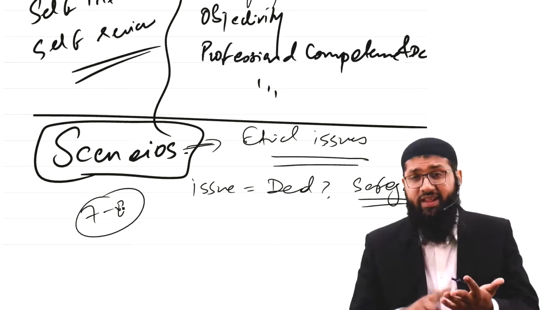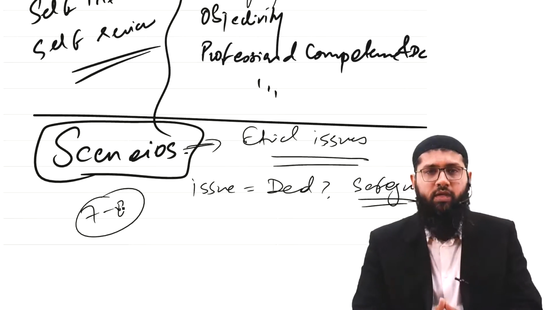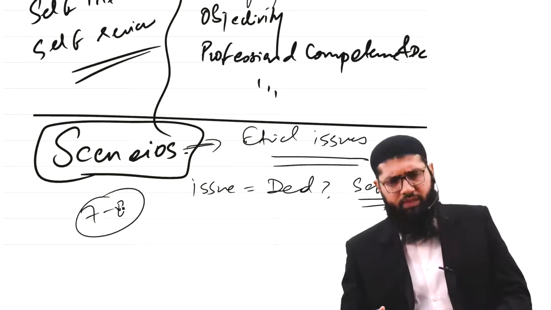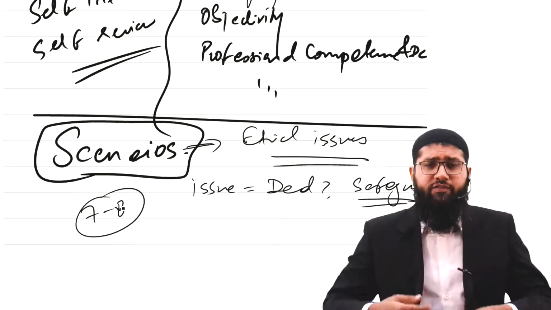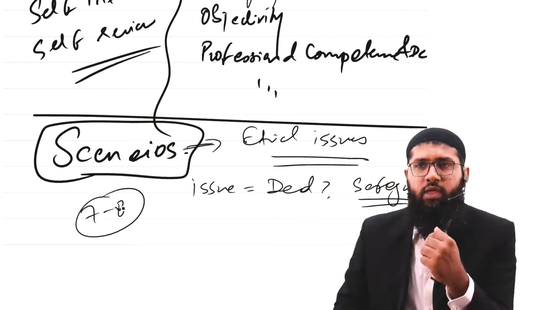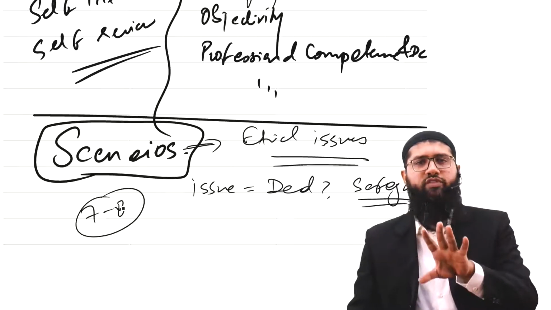Ethics and current issues constitute around 15 to 20 marks of the paper, and it's an important area. It's not an area that you can leave. Now, a lot of students get worried about how exactly we are going to deal with ethics, because the tutors usually don't focus upon them. So don't worry, we'll be focusing upon them.